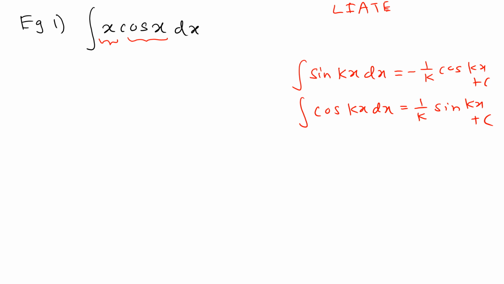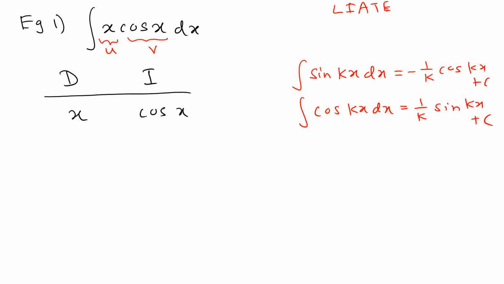So we're going to pick the x term as the u term, and the cosine x term as the v term. The u term comes first, so we write x on this side, cosine x on the other side. Now what do we do?